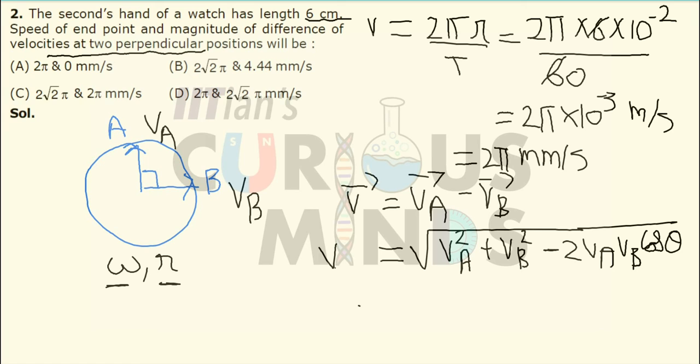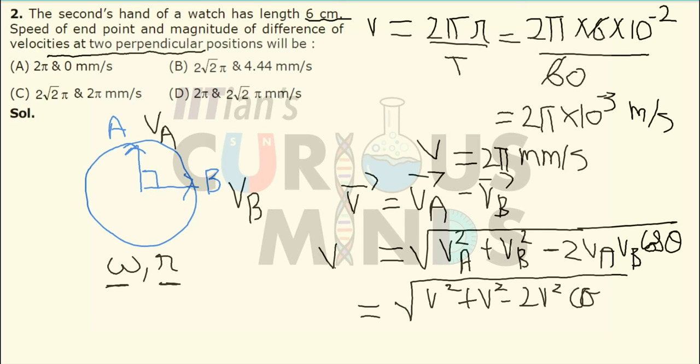Now VA and VB both are same, so I will substitute it as V square. That is the V I have found out over here. So it is root of V square plus V square minus 2V square cos theta, which is equal to root 2 V square minus 2V square cos theta.